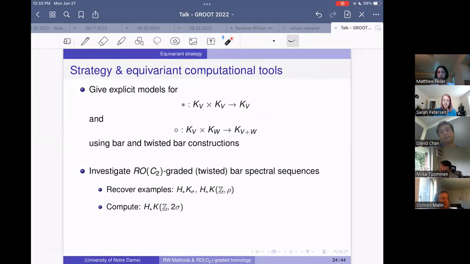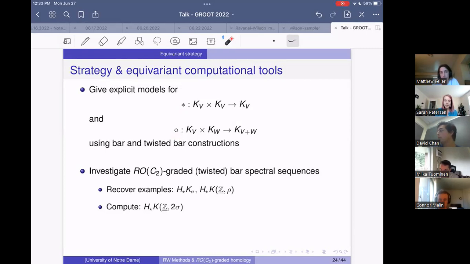So the strategy and equivariant computational tools that I've been using is to give explicit models for the star and circle product on these equivariant Eilenberg-MacLane spaces. And I do that using bar and twisted bar constructions.